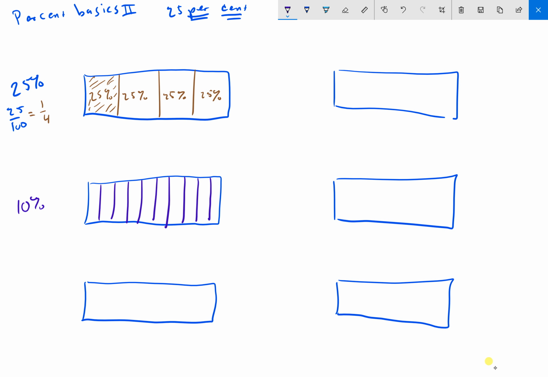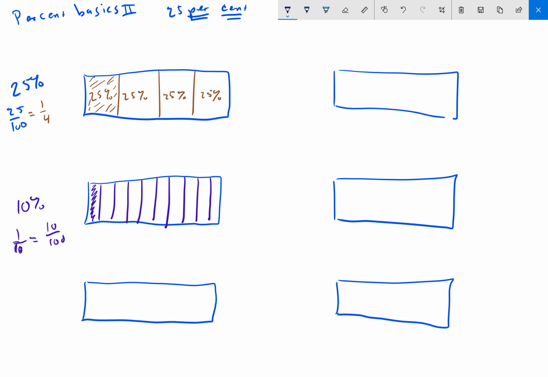So 10% is really one box out of 10. 1/10, which is the same as 10 out of 100. 10%. 10 out of 100 is equal to 1/10.